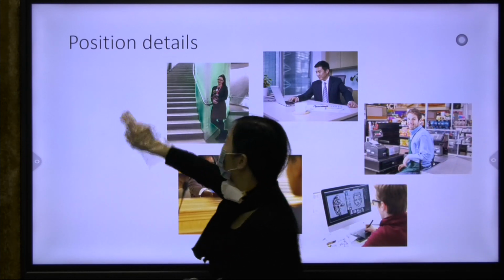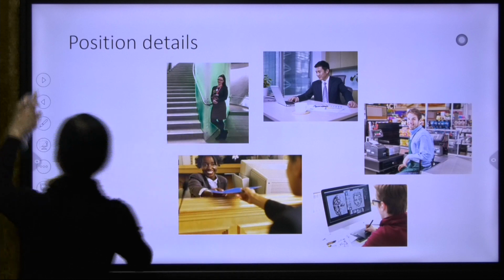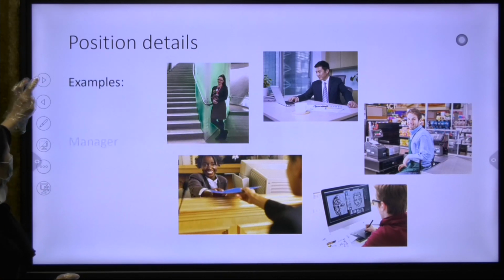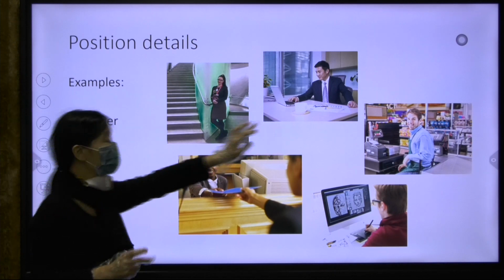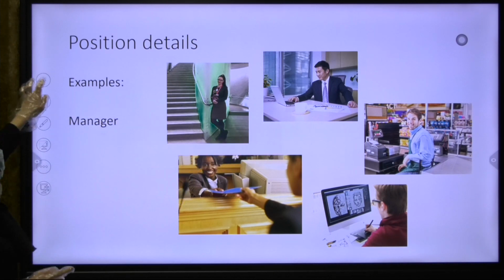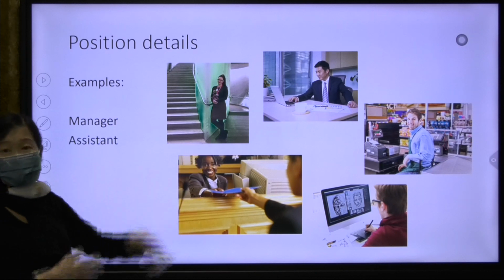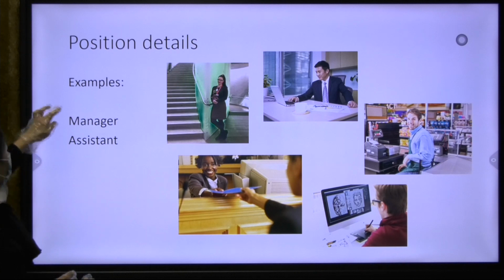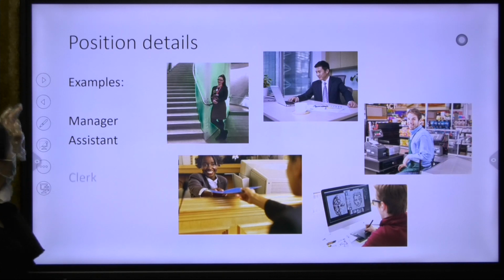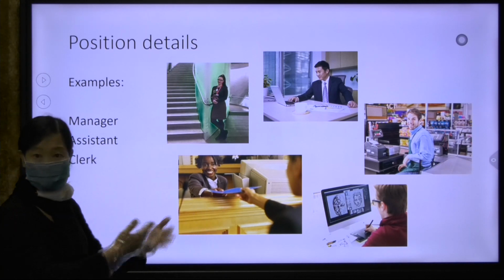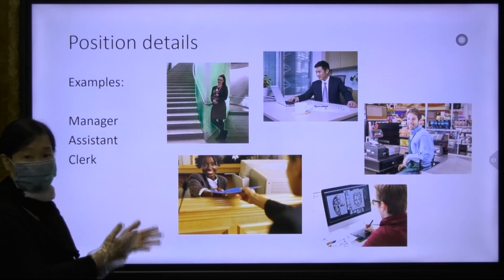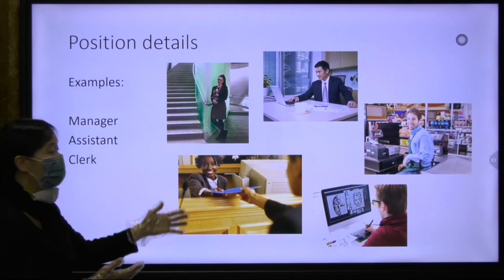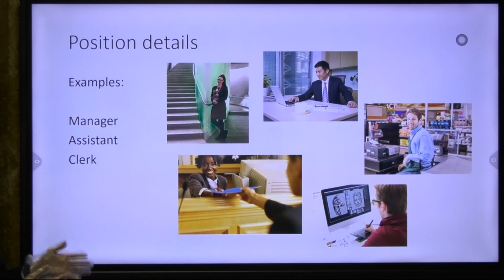Maybe he wants to apply for the job of a manager, or maybe an assistant, someone who helps, a helper in the gallery, and also maybe a clerk, someone who does all the work in the office for everybody else, right? A helper in the office, right?